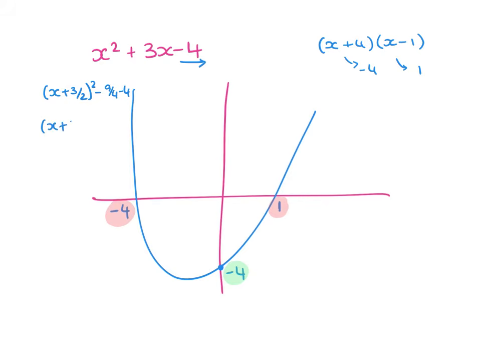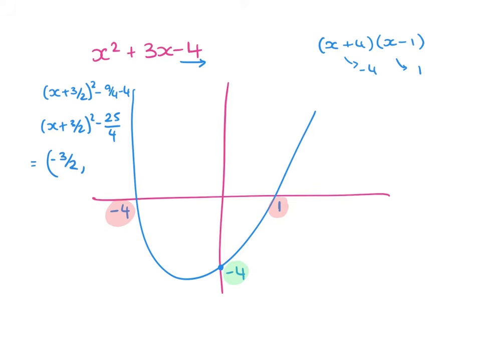So we're going to get x plus 3 over 2 squared minus 25 over 4. Now the minimum point is whatever's inside the brackets, essentially we flip it, but I don't like saying it like that. When does x equal 0? When does that bracket equal 0? And that's when x is minus 3 over 2.